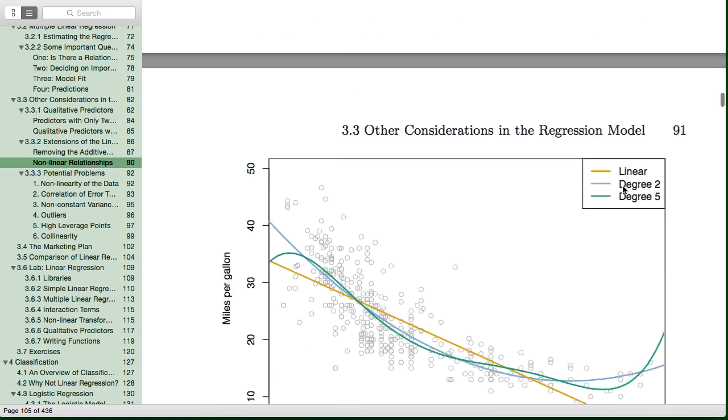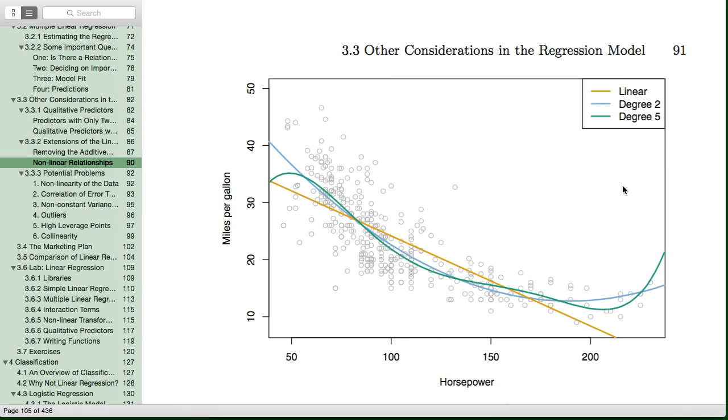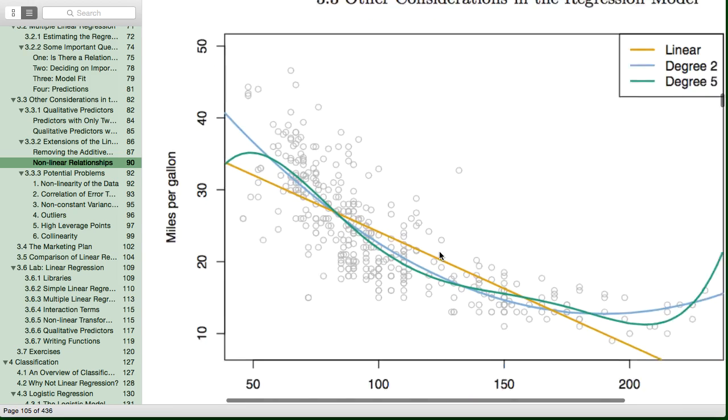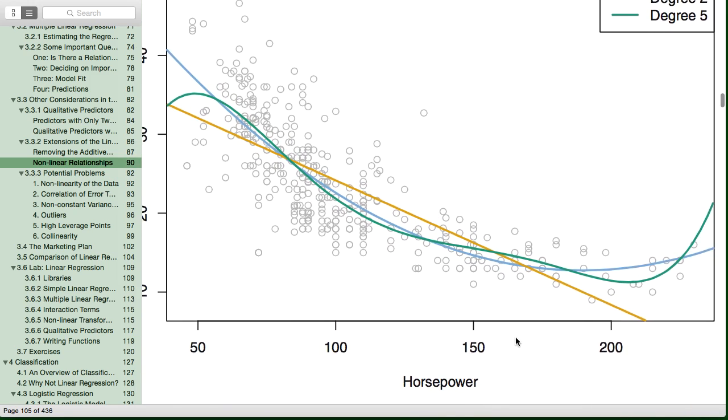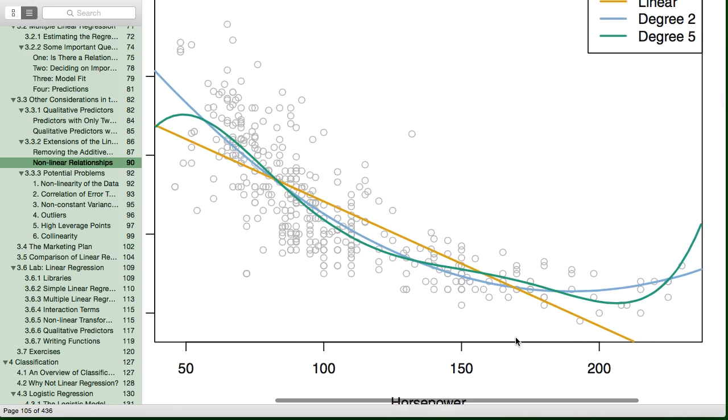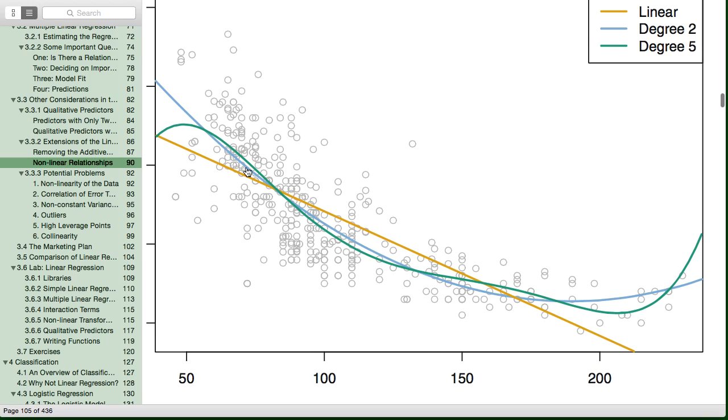Okay, the other thing that we might want to include is a quadratic term. If we think back to the auto data we looked at before, miles per gallon versus horsepower, we mentioned that this seemed to be a somewhat curved relationship. And indeed, not only does it look curved, but here's a curve that fits it pretty well. Let me just zoom in a little bit on this. This orange line is the least squares line using horsepower to predict miles per gallon.